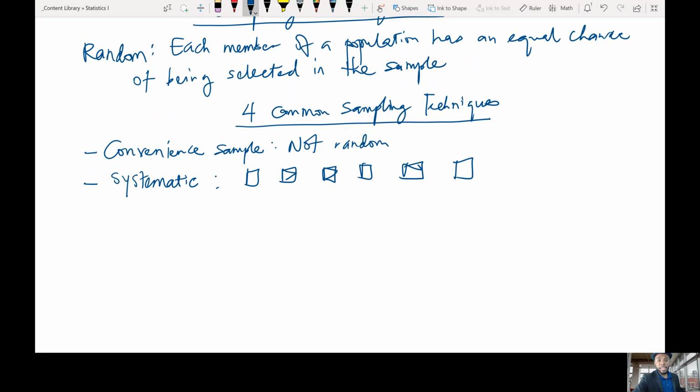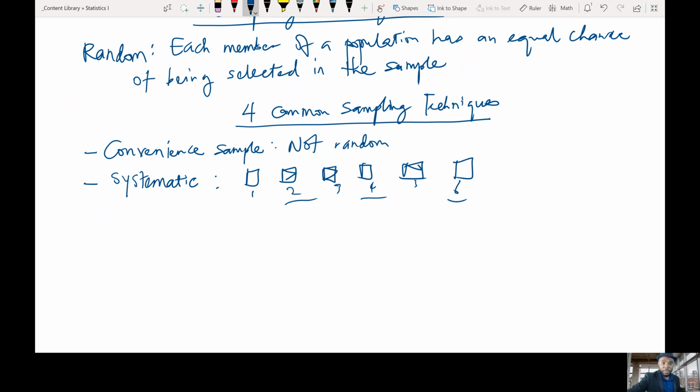And now I decide to pick every even number, or even participants in the study.